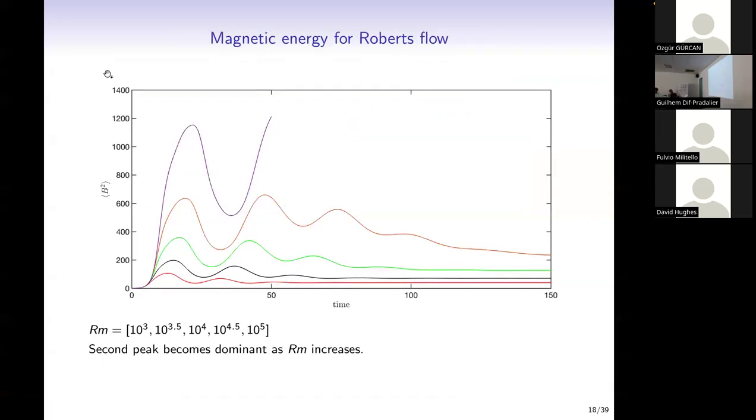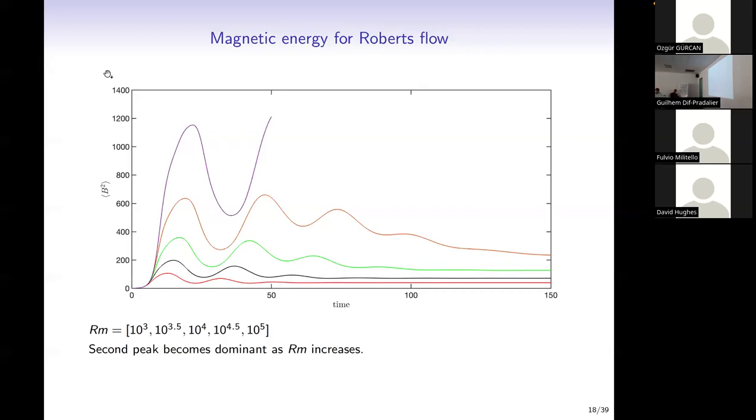So that picture of Weiss that I showed you, where the field grows and kind of just flattens, is more interesting for this Roberts flow, because that's what it looks like at low Rm. This is, again, magnetic energy versus time. So at low Rm, being like 1,000, it grows, wiggles a bit, and flattens.